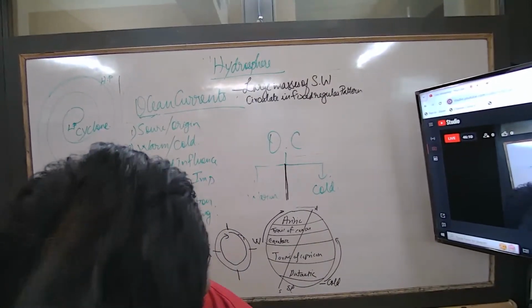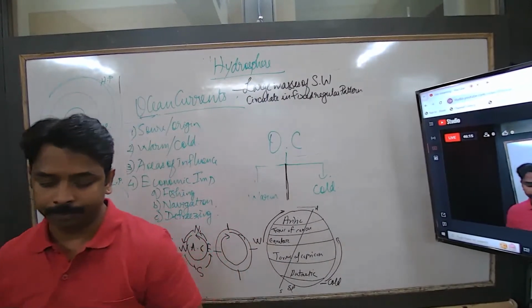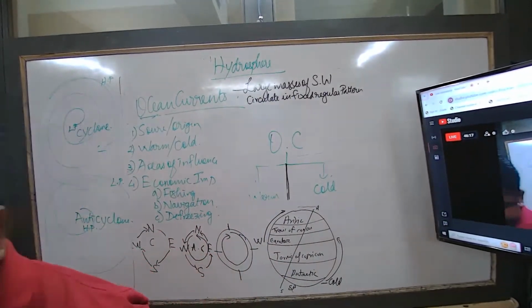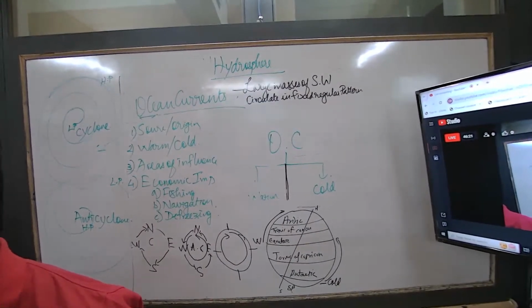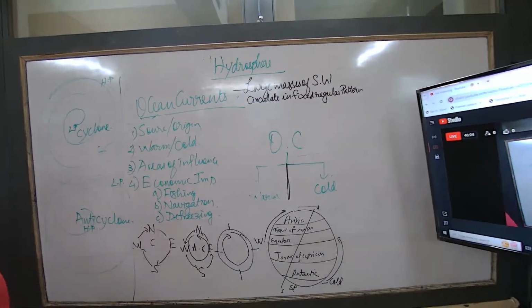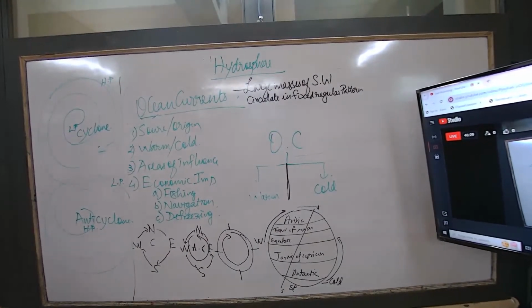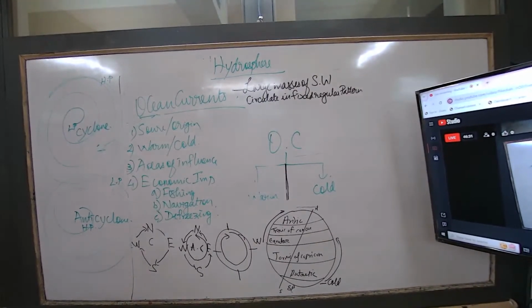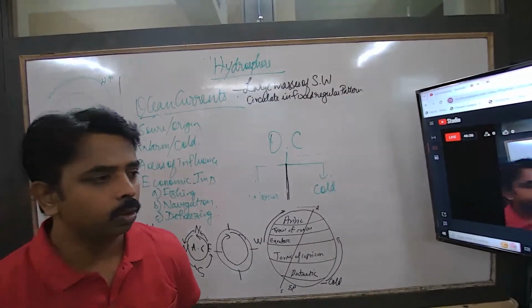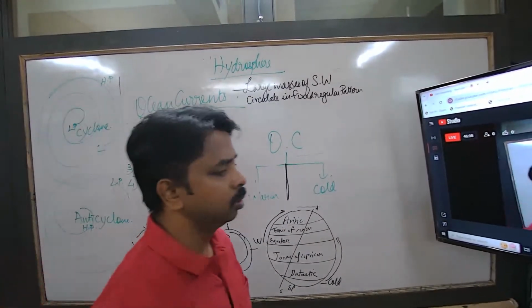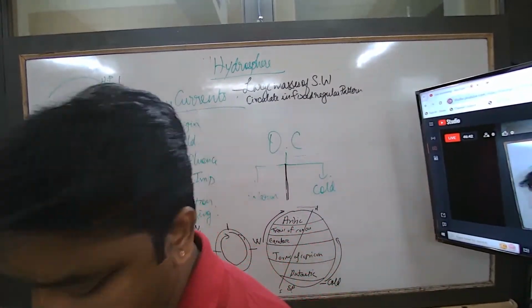You write Gulf Stream. With its extension in northern Europe, it is also known as North Atlantic Drift.